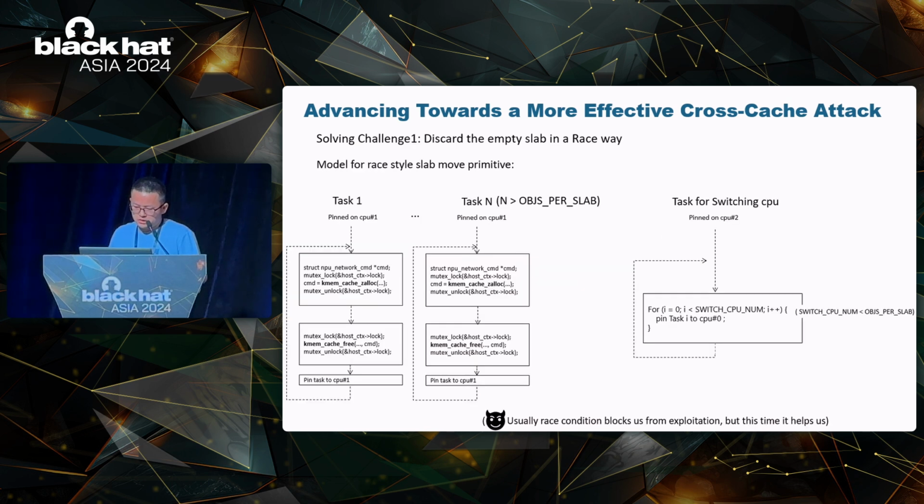And here is the actual model for the race-style slab move primitive. As we can see, there are n tasks repeating allocation and releasing on CPU 1, and another single task is used to constantly switch some of these tasks to CPU 0. With this model, we can manage to put some slabs into the partial list of CPU 0.